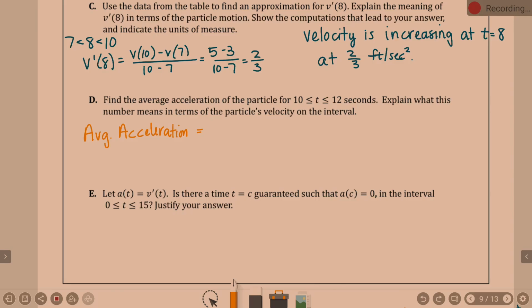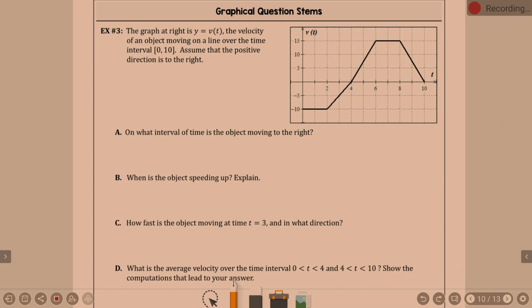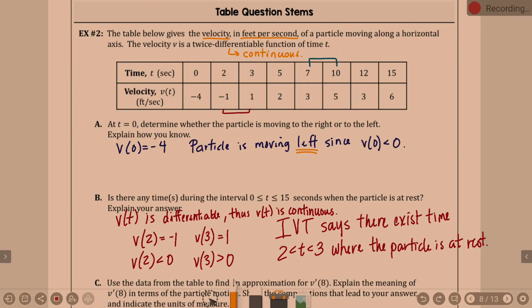They specifically said on the interval from 10 to 12. Do they give us that data up above? They do give us the data from 10 to 12, so we can use that.